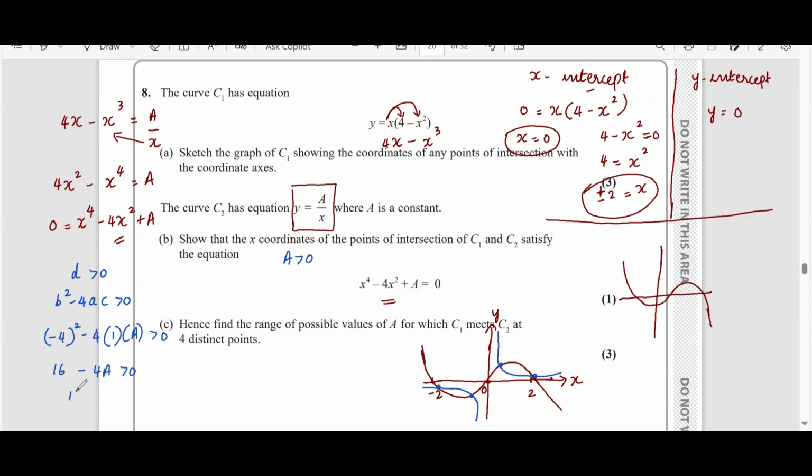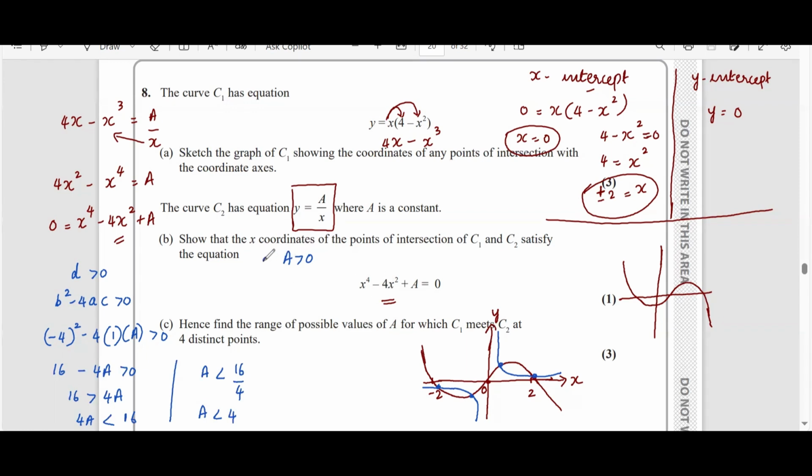Minus 4a goes to the other side: 16 is greater than 4a. I'll swap the left and right hand sides, but the inequality will change. 4a is less than 16, therefore a is less than 16 divided by 4, so a is less than 4.